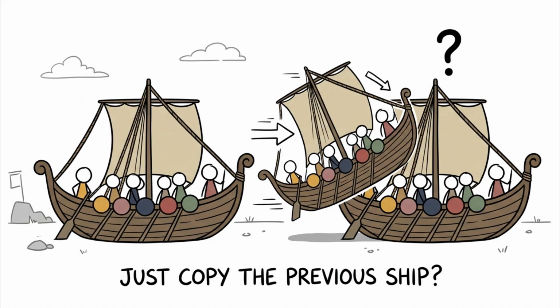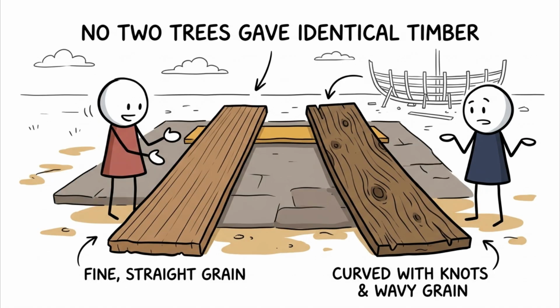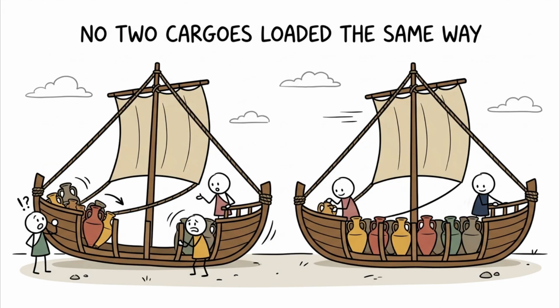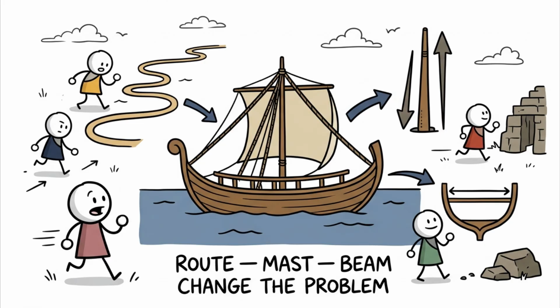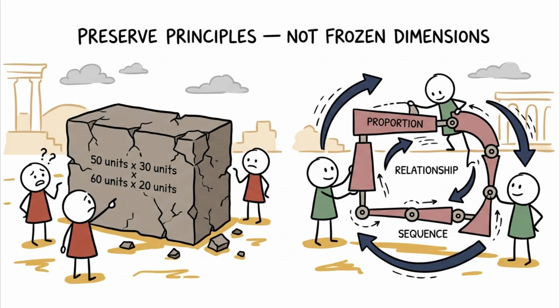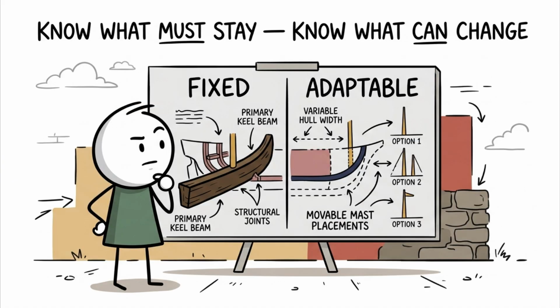You might think the builders simply copied the previous ship, but no two trees supplied perfectly identical timber. No two cargoes placed weight in exactly the same way. A longer route, heavier mast, or wider beam changed the problem. So tradition had to preserve principles, not merely frozen dimensions. A competent master could recognize which features were essential and which were adjustable.